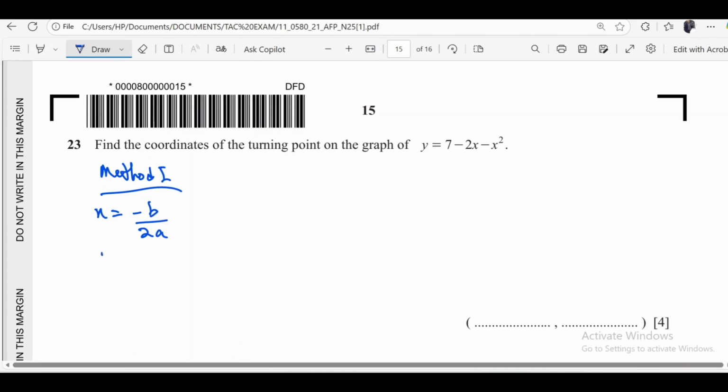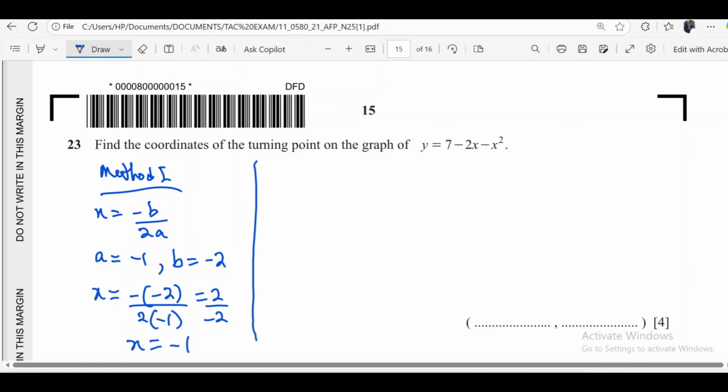And what is a here? a is the coefficient of x squared, which is minus 1, and b is the coefficient of x, which is minus 2 here. So x is going to be minus times minus 2 all over 2 times minus 1. So this is 2 all over minus 2. So x is going to be minus 1.